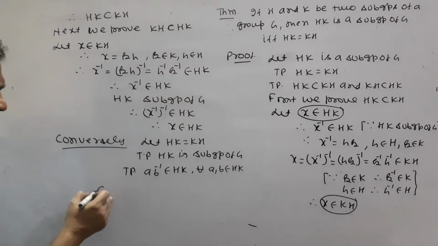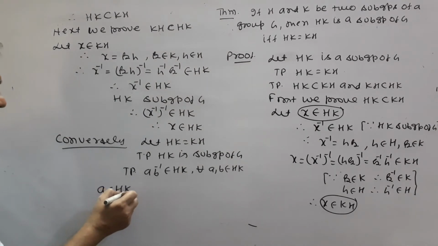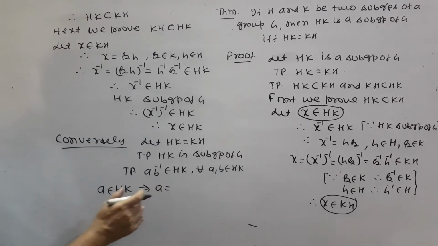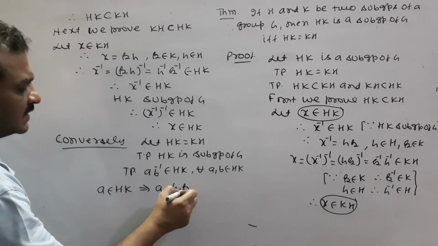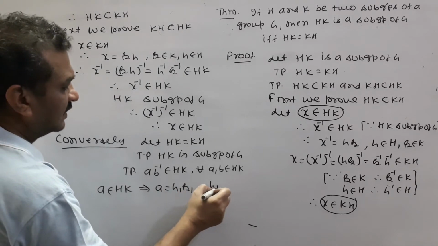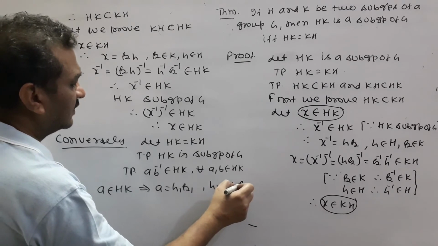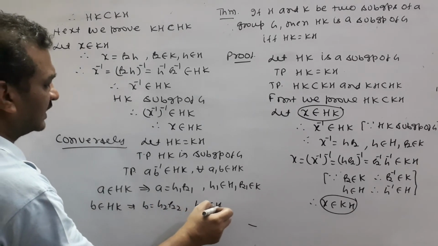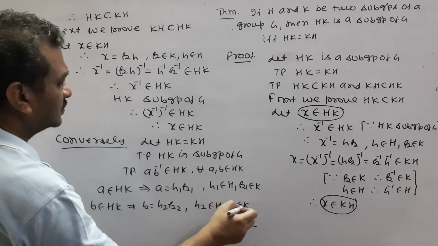Beta, a belongs to HK, so any one element of HK, h1 k1, where h1 belongs to H and k1 belongs to K. Next, b belongs to HK, b equals h2 k2, h2 belongs to H, k2 belongs to K.